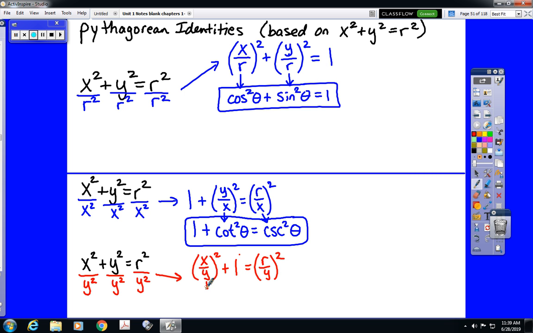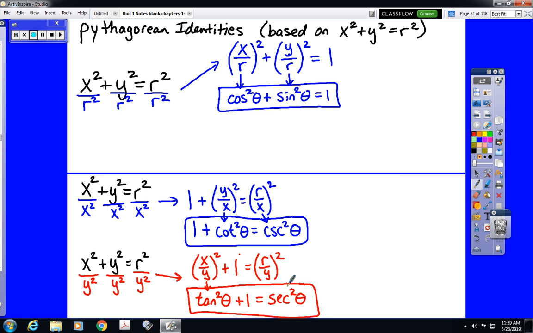Well, x over y is cotangent, plus 1, and r over y is cosecant, giving us our third and final Pythagorean identity.